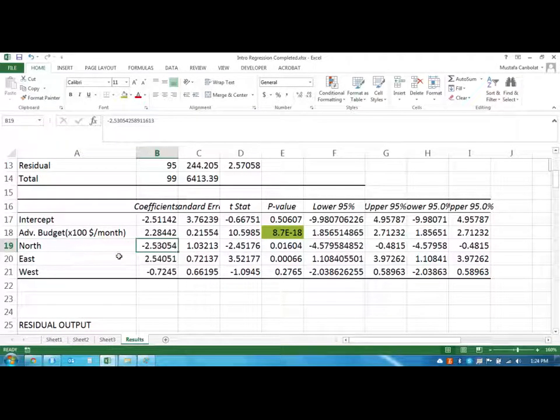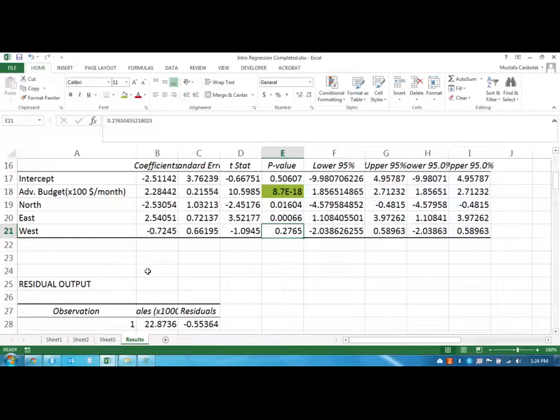It's going to decrease our estimation. East has the highest sales, on average 2.54 times 1. West is lower than south, but it's not significant. That means west and south, we could say that they have similar sales amounts.